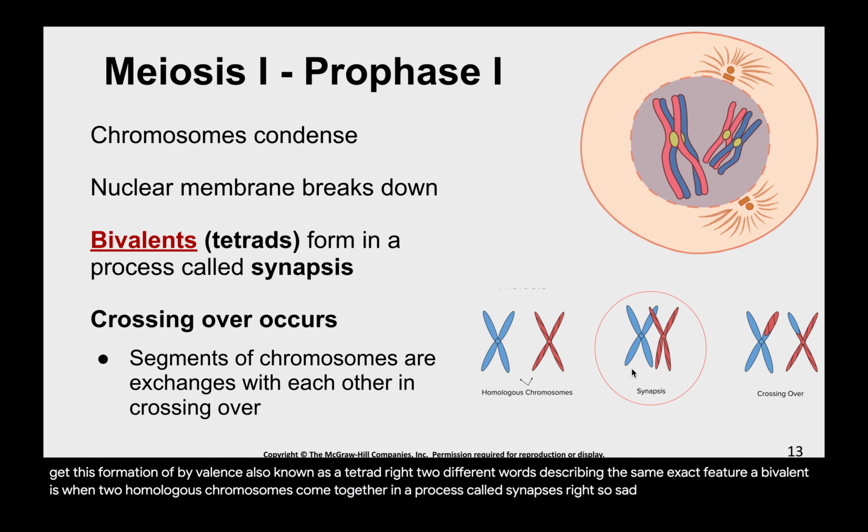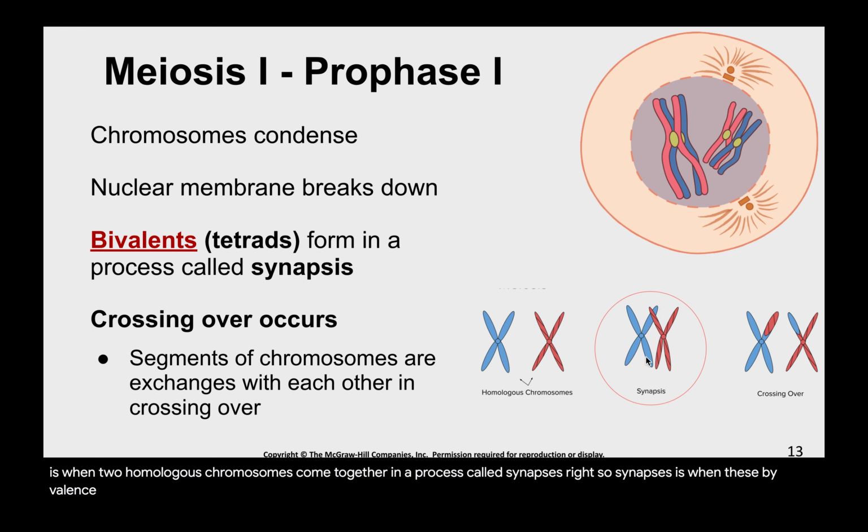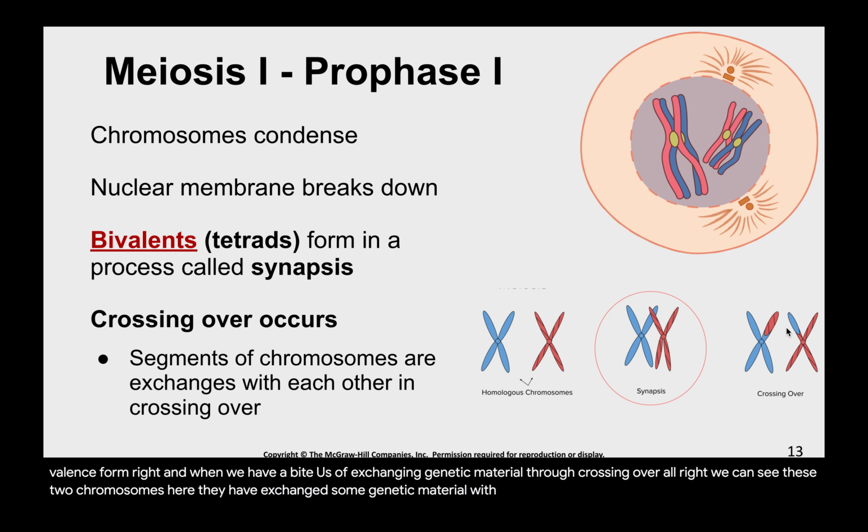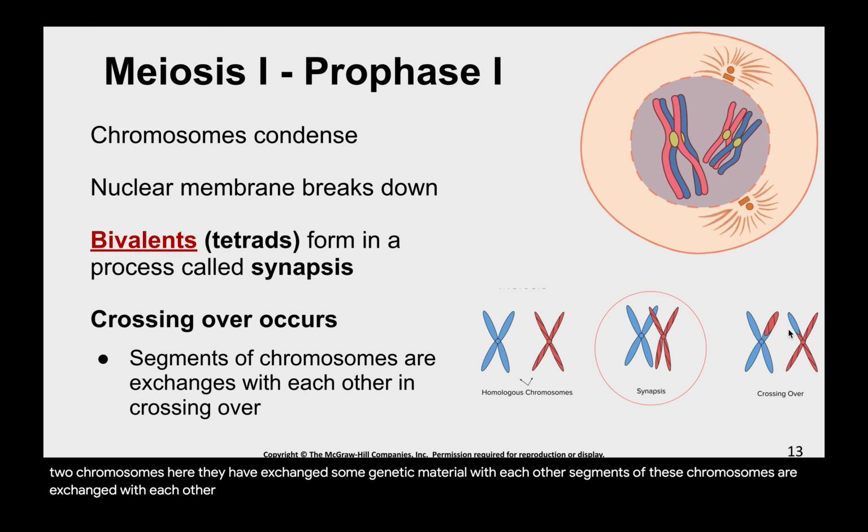So synapsis is when these bivalents form. And when we have a bivalent, we can get our process of exchanging genetic material through crossing over. We can see these 2 chromosomes here, they have exchanged some genetic material with each other. Segments of these chromosomes are exchanged with each other.